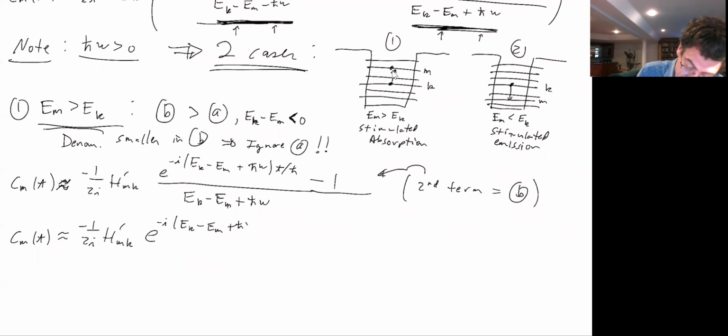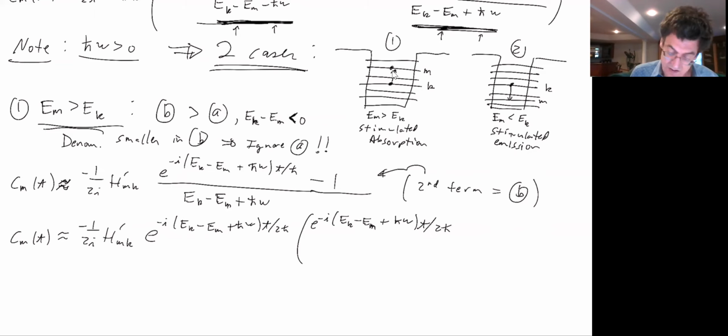What we pulled out is half of this part, Ek minus Em plus h bar omega, times t over 2 h bar: e to the minus i (Ek minus Em plus h bar omega) t over 2 h bar.